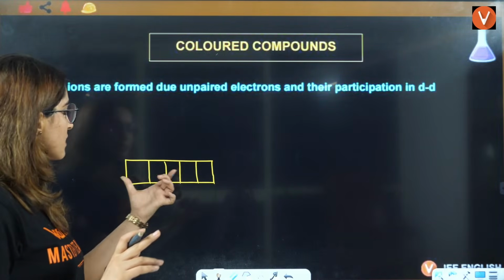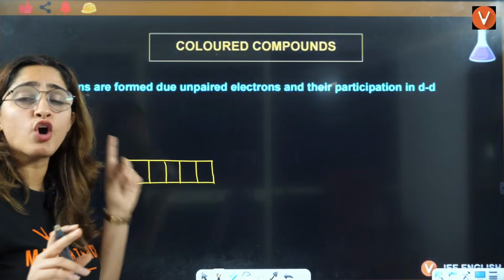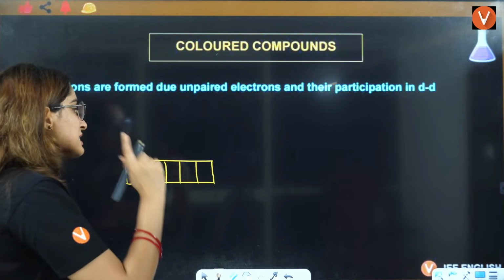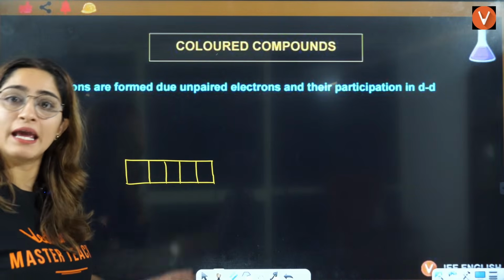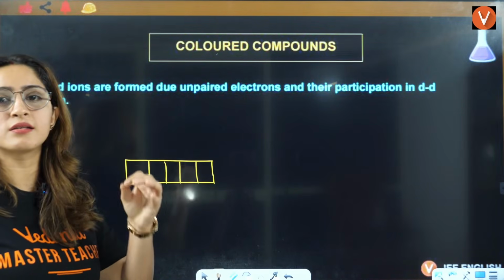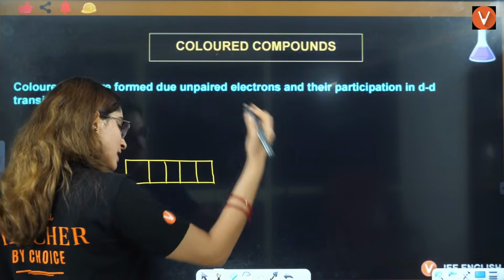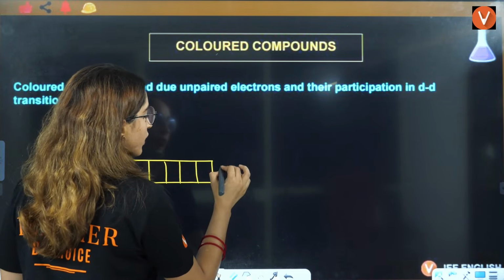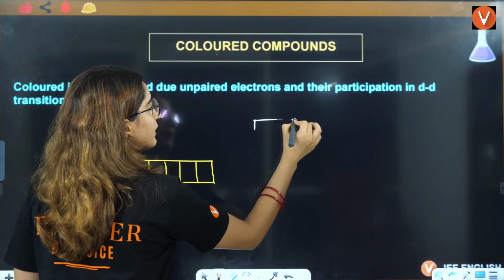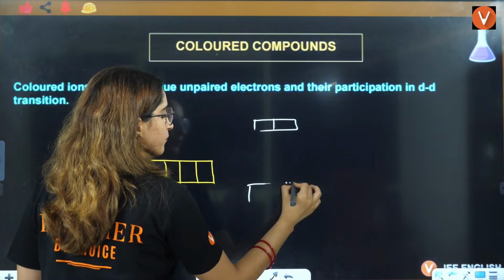In the d subshell you have 5 orbitals, and each orbital will have 2 electrons. We will study in crystal field theory what happens due to some things here.